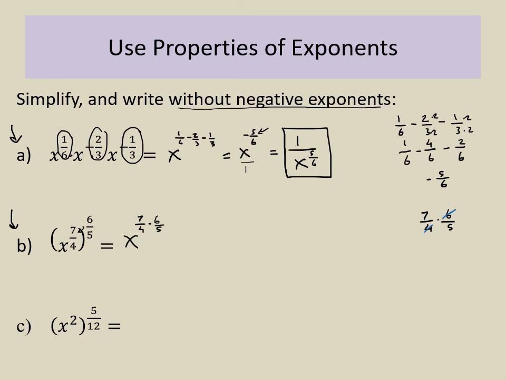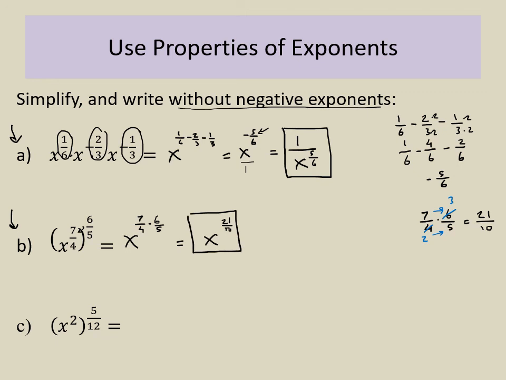We can divide them both by 2. And then after we reduce, we multiply. Top times top and bottom times bottom. So what does that give us? 21 over 10. So that gives us x to the power of 21 over 10. And that would be our final reduced simplified answer.